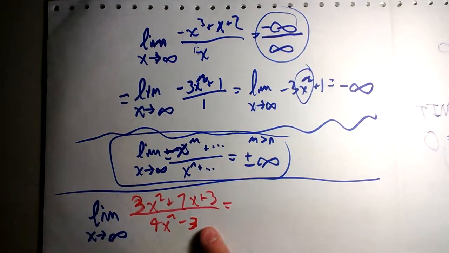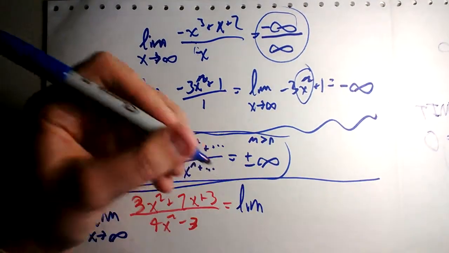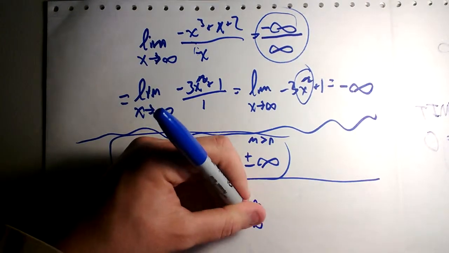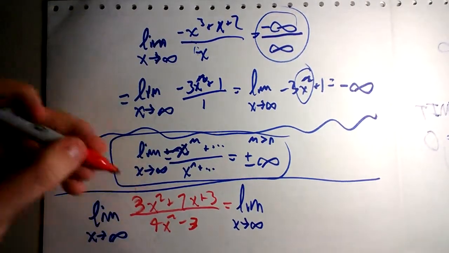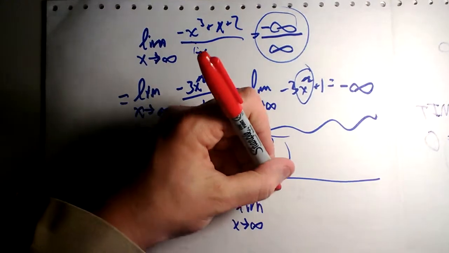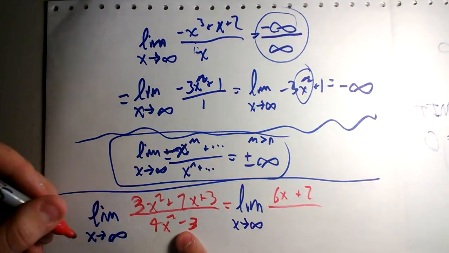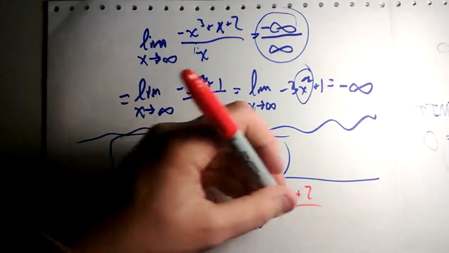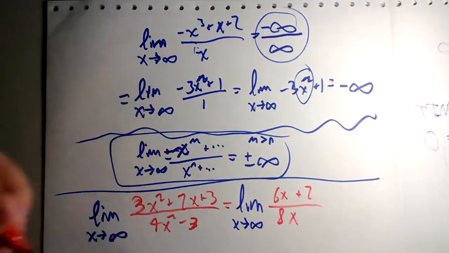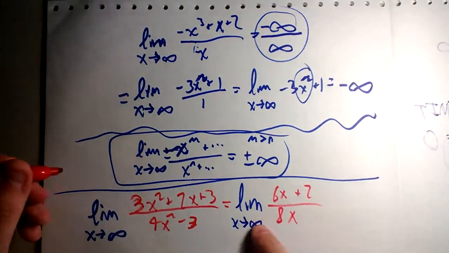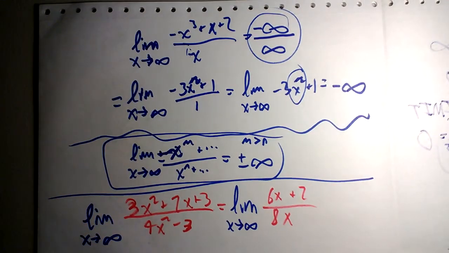Alright, we already know that's an infinity over infinity case. I specifically made it that way. So take the derivatives. Alright, the top is 2 times 3, 6, x, and then plus 2. The bottom is just 4 times 2, that's 8, x. Alright. Plug in infinity. You still get infinity. So let's take another limit.